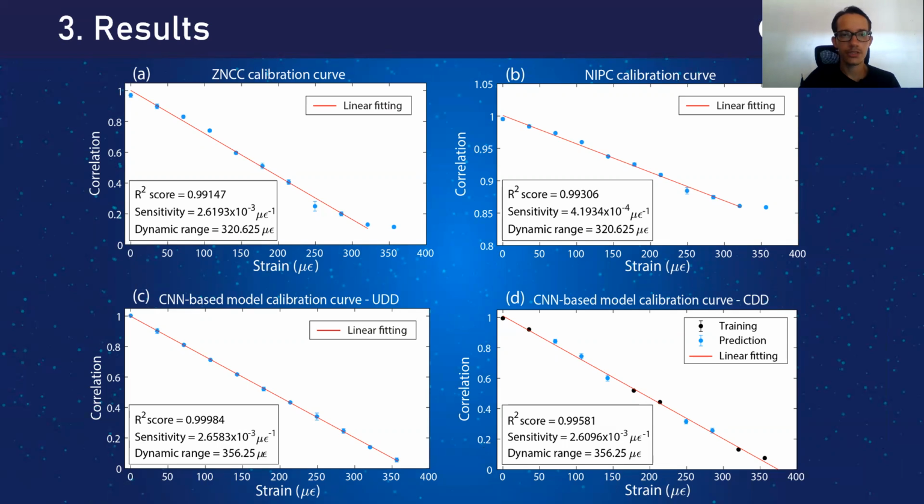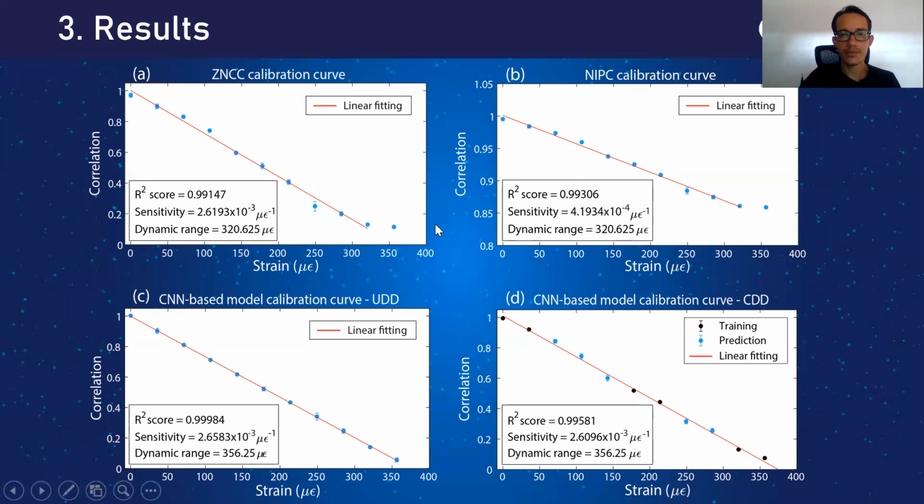Comparing such results with the results of the ZNCC and NIPC curves, the conventional techniques, it's noted an increase of approximately 35.6 microstrain in the dynamic range of the CNN model curves in comparison with the dynamic range of the ZNCC and NIPC curves.